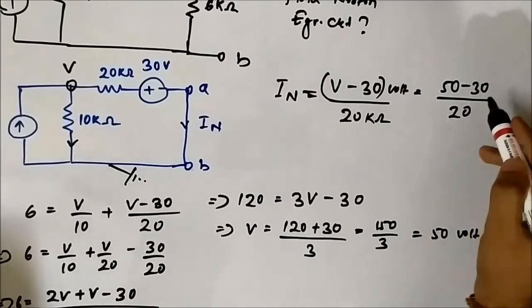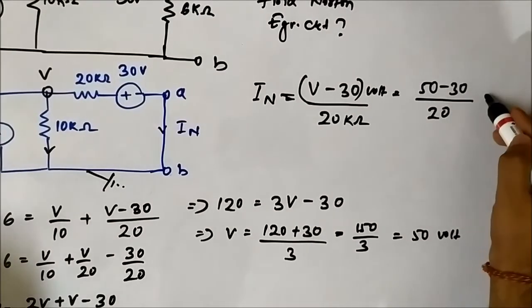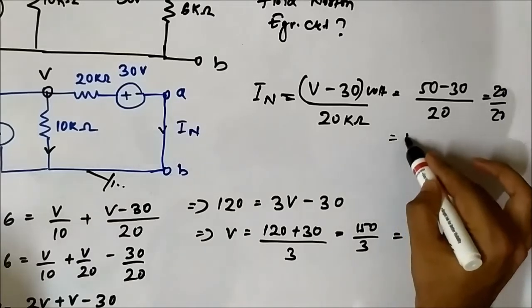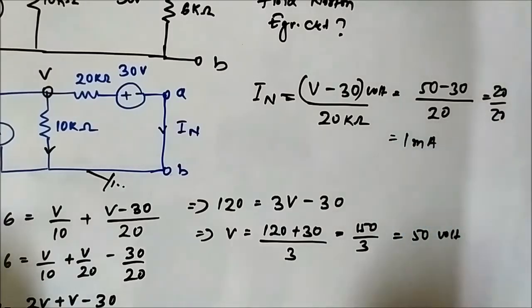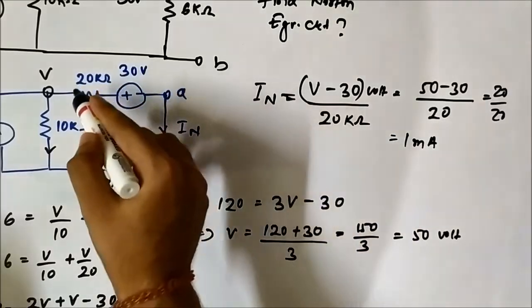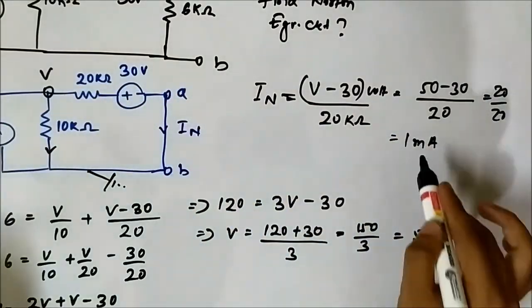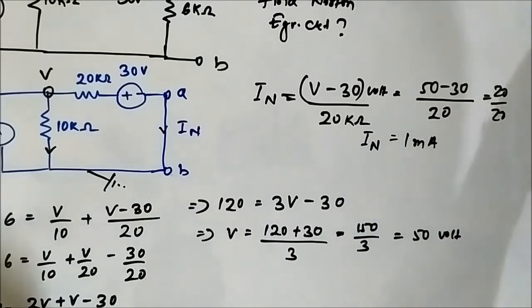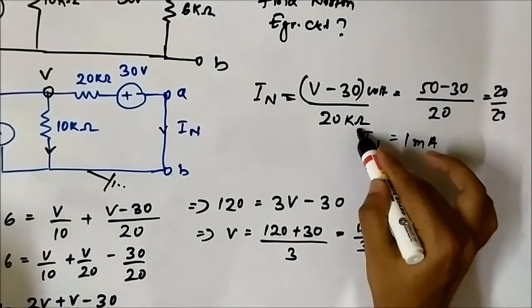Okay. So, it is 20 by 20, which is equal to 1 milliampere. Okay. Volt, kilo ohm, milliampere. So, IN is equal to 1 milliampere. The Norton current is equal to 1 milliampere.